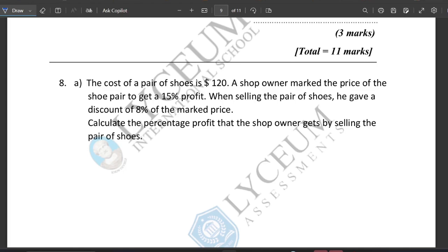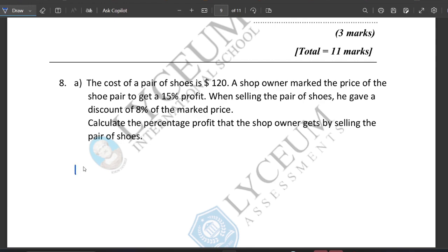Cost of a pair of shoes is 120. Shop owner marked the price of the shoes pair to get 15% profit. When selling the pair of shoes, he gave discount of 8% of the market price. Calculate the percentage profit that the shop owner gets by selling the pair of shoes.